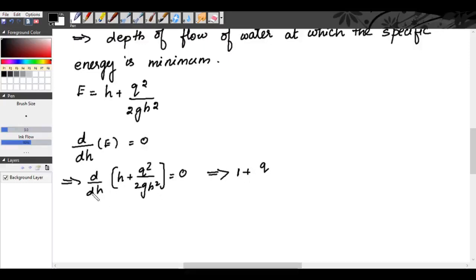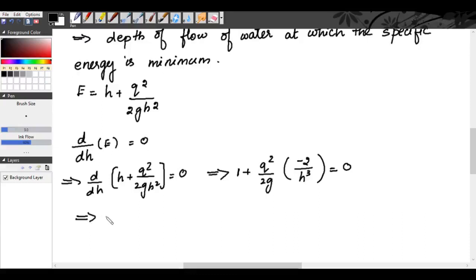Now differentiating Q square by 2g, which is constant, for 1 by h square, the differentiation is minus 2 by h cube, is equal to 0.